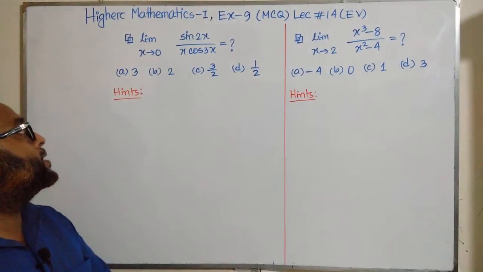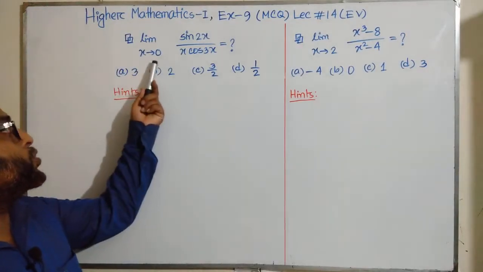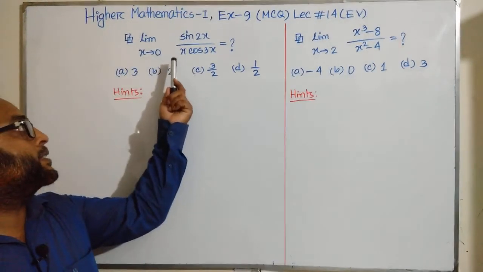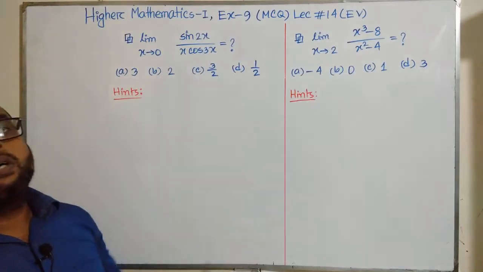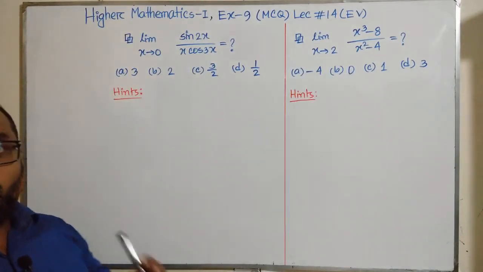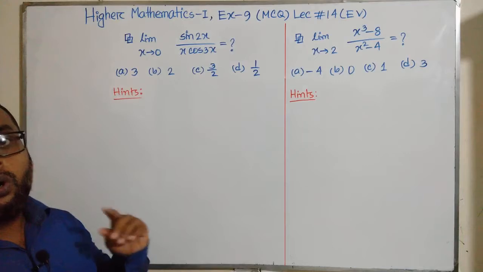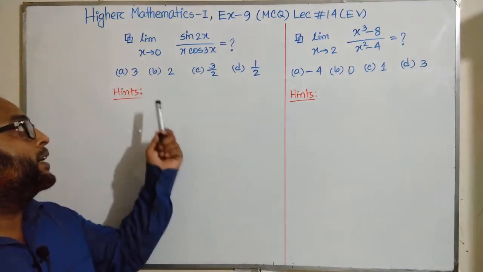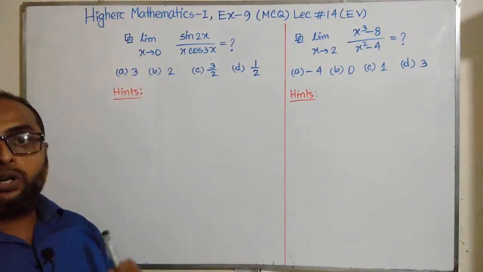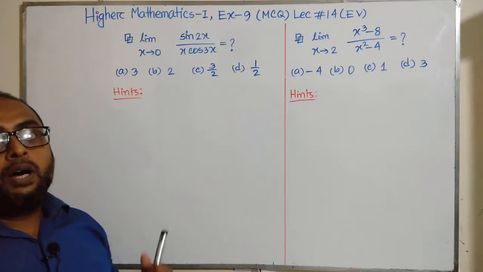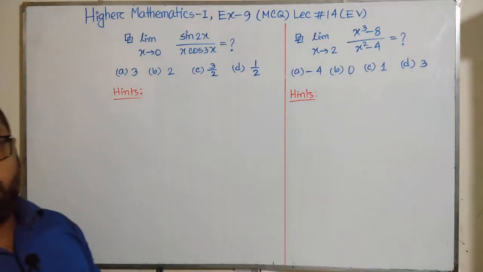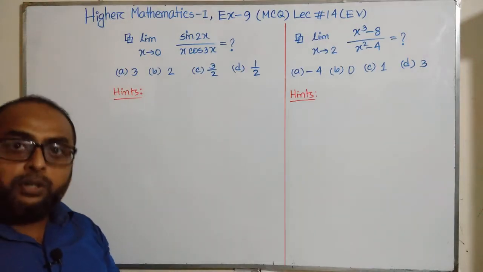Our first question is limit x tends to 0 sin twice x divided by x cos thrice x. In all types of maths, if you put the limit directly, you get 0 by 0 or infinity by infinity format.